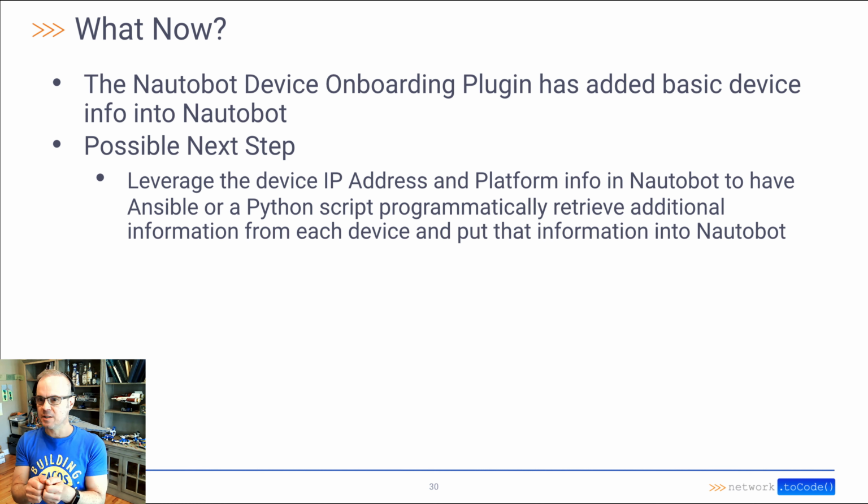Things such as the interface information, the interface description, IP addresses, programmatically retrieve all that from the network and populate that into Nautobot for each device. That is one possible next step.